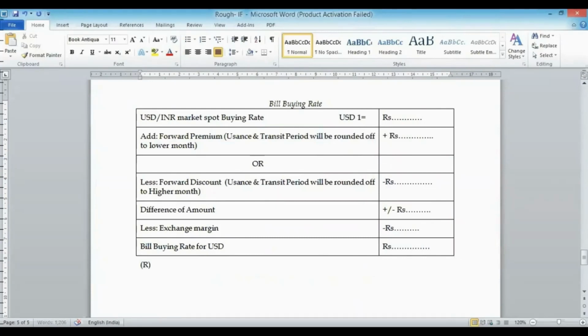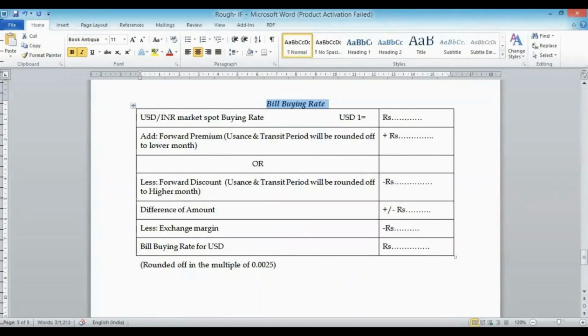that rounded off in the multiple of 0.0025. The rate has to be. This is the format that you have to follow for calculating bill buying rate.